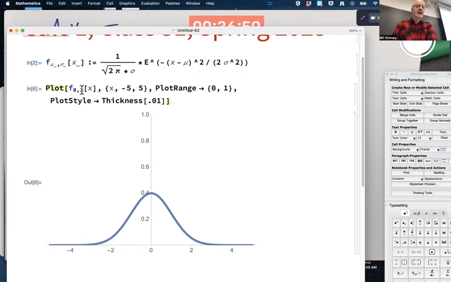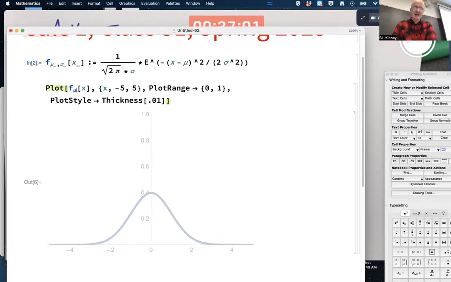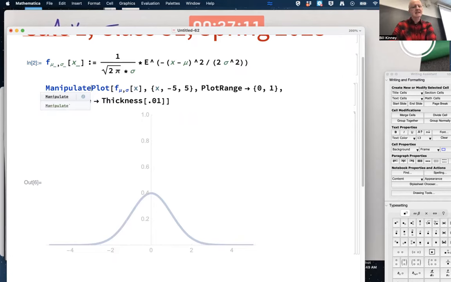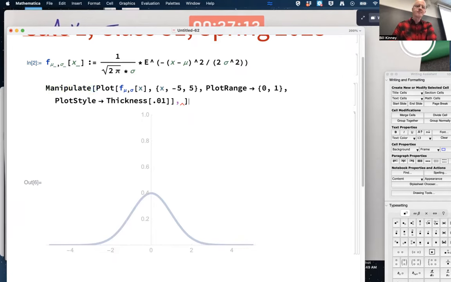But what's more interesting, as I was trying to emphasize in class on Wednesday, is what happens as mu and sigma change. So I want them back in there. And to allow myself to change them, I put this thing inside something called Manipulate. Don't worry too much about the syntax here.